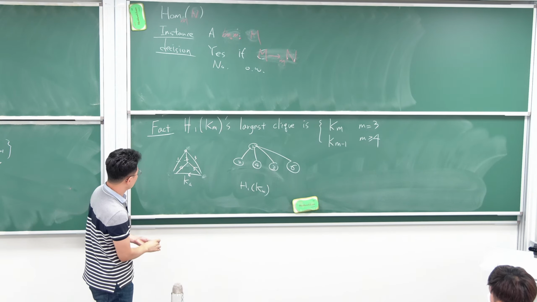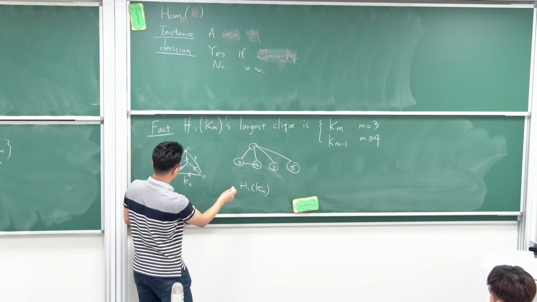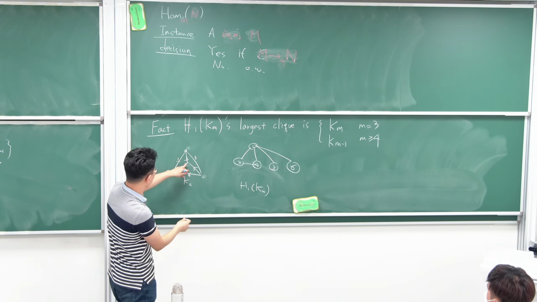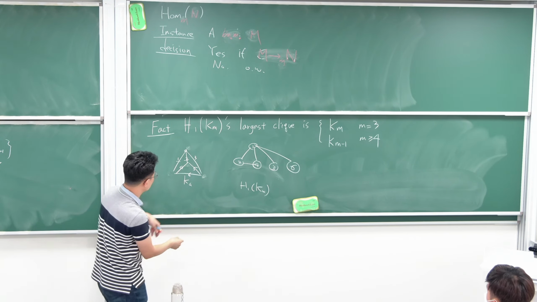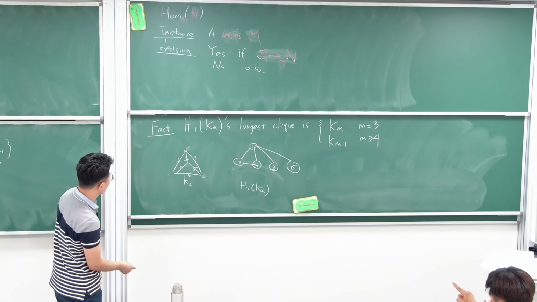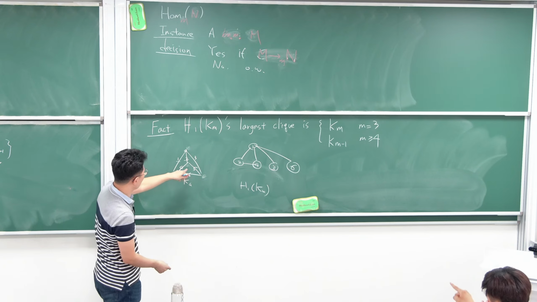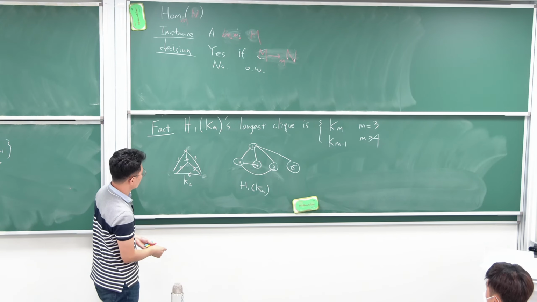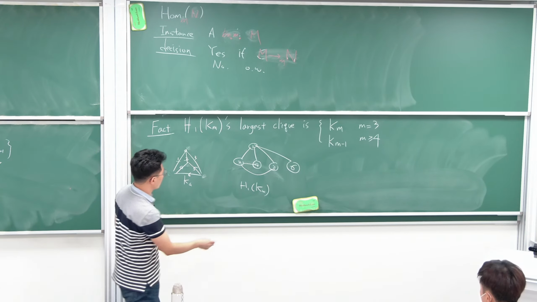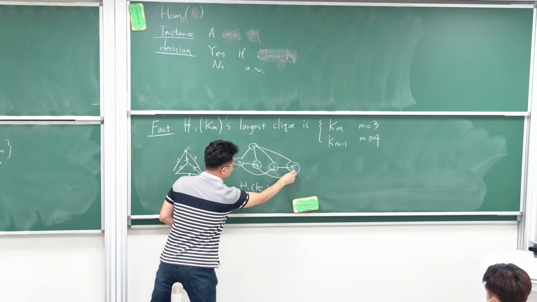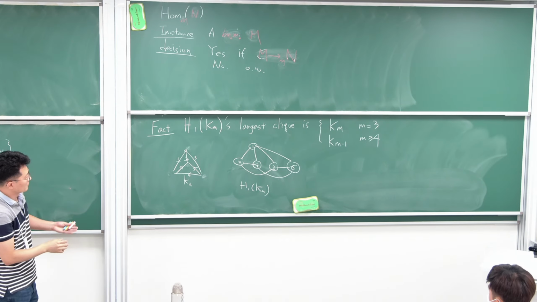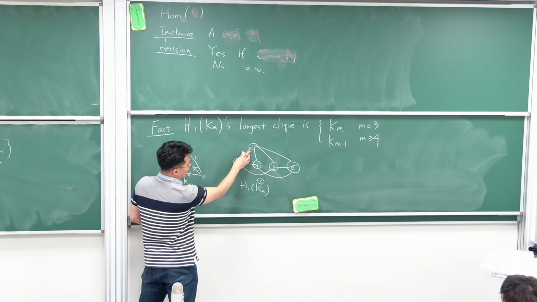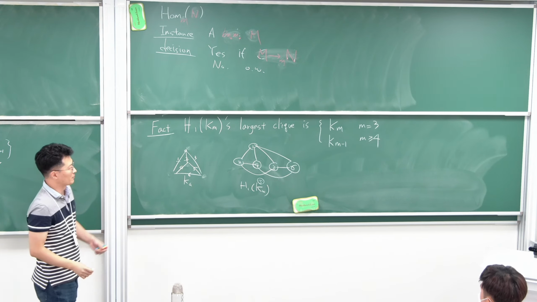And there's an edge here. 2 with 4, 5, 1, 3. 4, 5, 1, 3. 3, 6, 4, 6, something like this. So if you consider the clique containing 1, then you can see that K3 is the maximum.